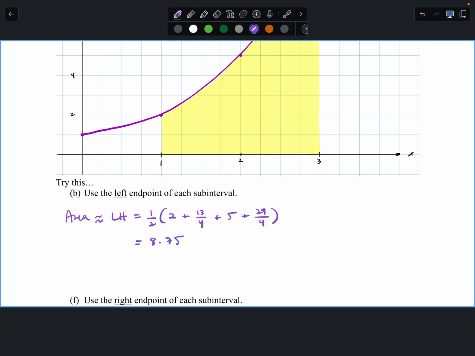Is this an under or an over? Under. I told you, easy but tedious. So tedious. Okay, which means we used inscribed rectangles.